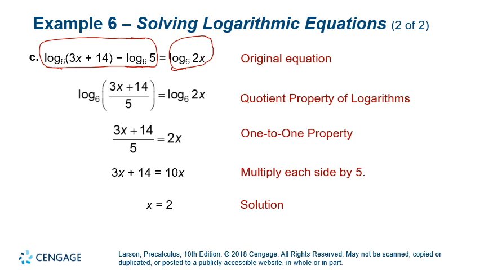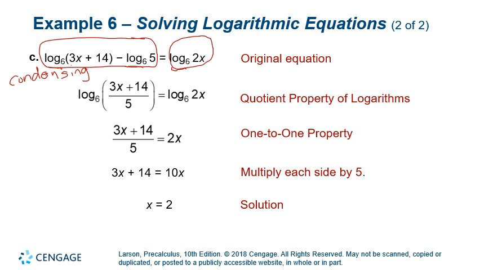So we have to do the condensing first using the quotient property. So when something is expanded as a difference, we condense it back into a quotient because of our rules of exponents. So we will have the 3x plus 14 divided by 5.